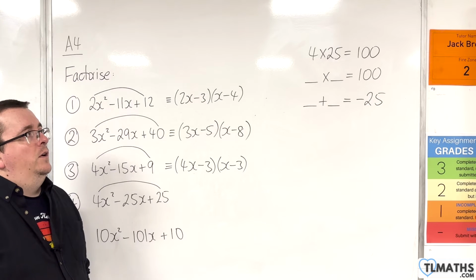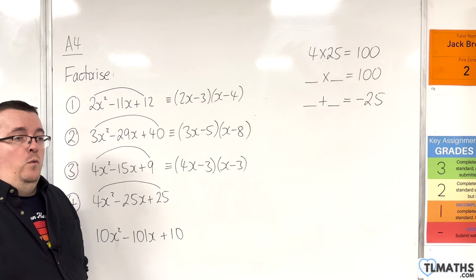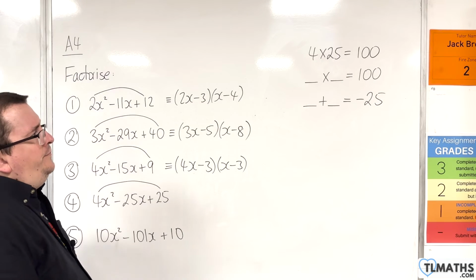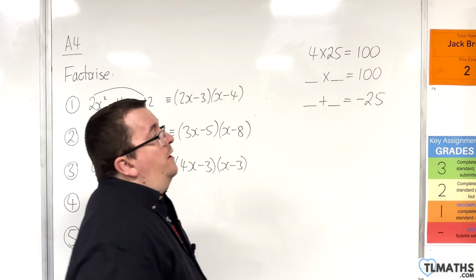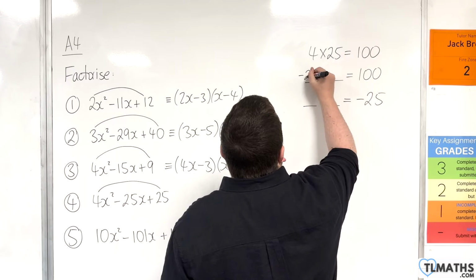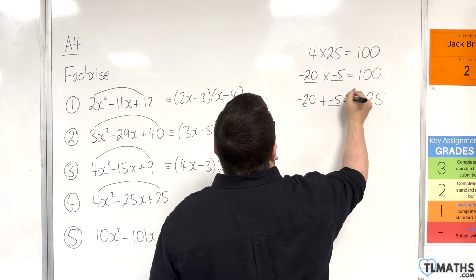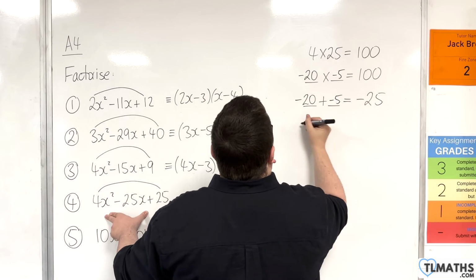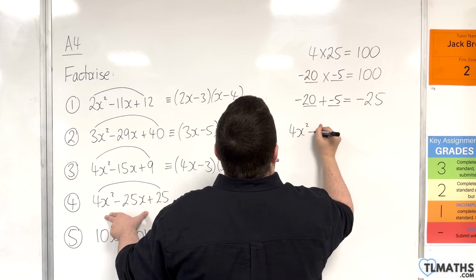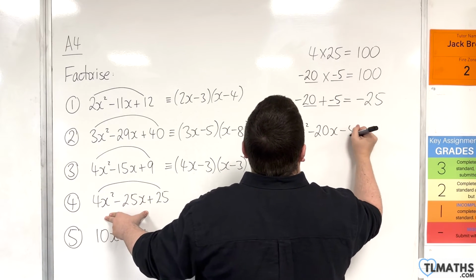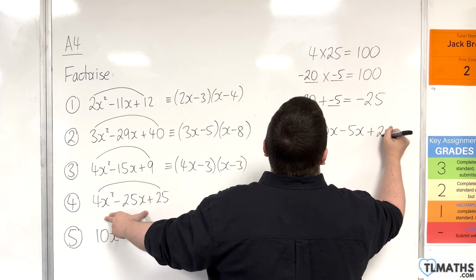Okay, so 4 and 25 don't quite work. 20 and 5 do though, don't they? So minus 20 times minus 5, minus 20, take away 5. Okay, so 4x squared, take away 20x, take away 5x, plus 25.